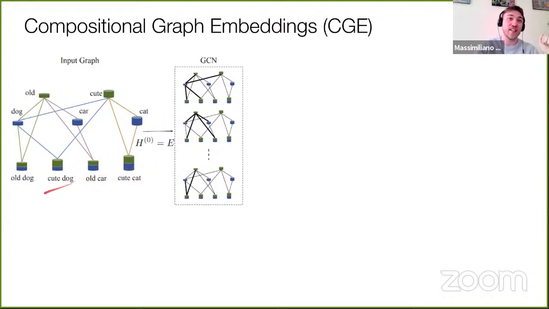But in the second layer, since the attribute and object representations are influenced by the compositions as well, when we recompute the vector of cute dog, we do it with a representation of dog that has been updated according also to old dog, and a representation of cute that is updated using also the representation of cute cat. This is how seen and unseen compositions interact, because in a graph, over multiple levels, all the nodes exchange information.